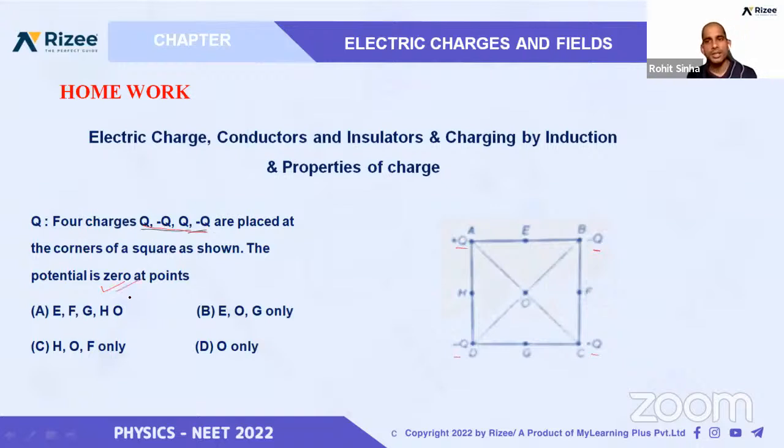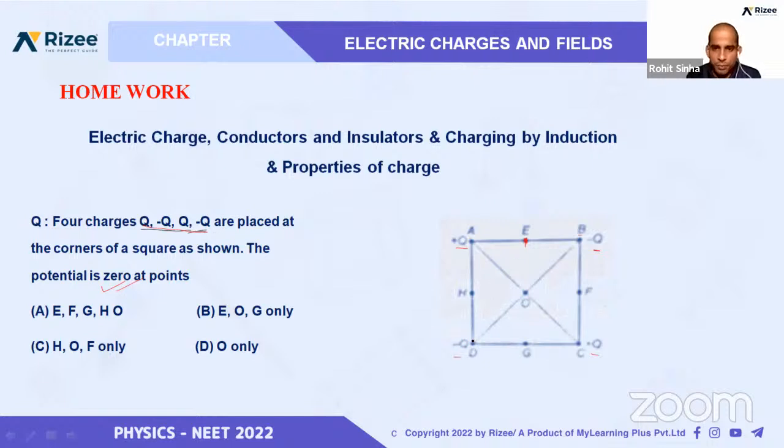Yesterday I gave an example and a short question regarding this concept. If we are checking at this point E, you can see that this charge Q is the midpoint of A and B. So for the A and B charges, the potential will be 0. They will cancel each other.